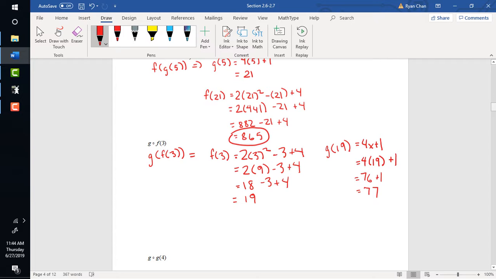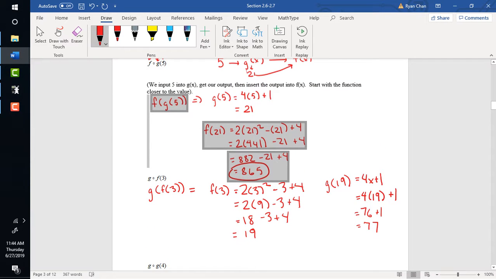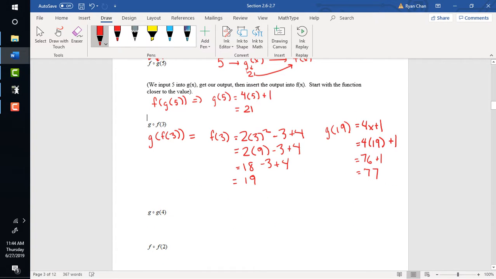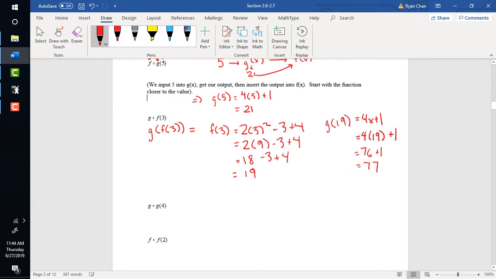So hopefully you guys have gotten that. And then one last thing too. I'm going to erase this right here to work from above. This shouldn't be that difficult to comprehend, but if I have something like this, where I have g of g of 4, it's possible you can have a composite where you're going to the same function twice.